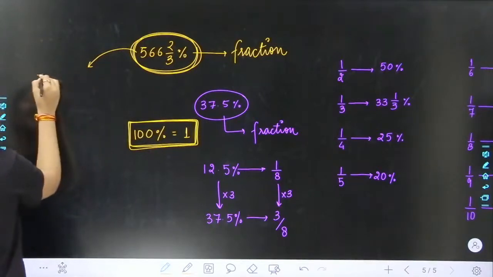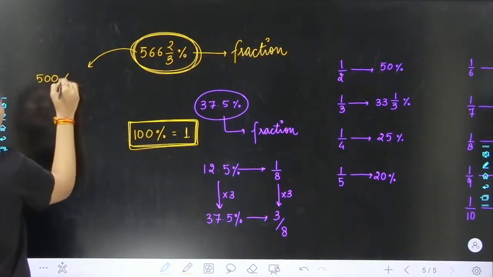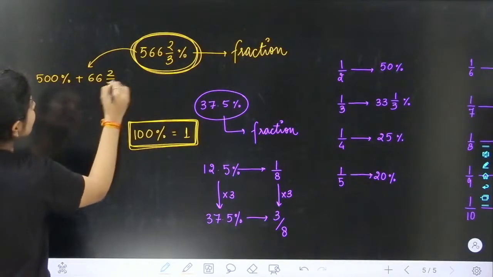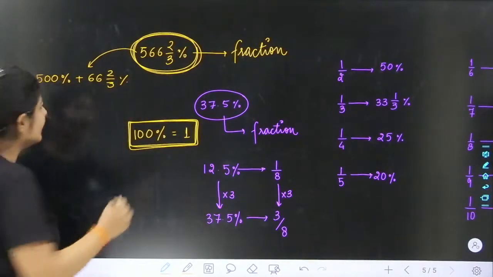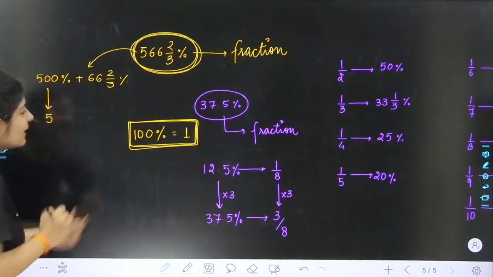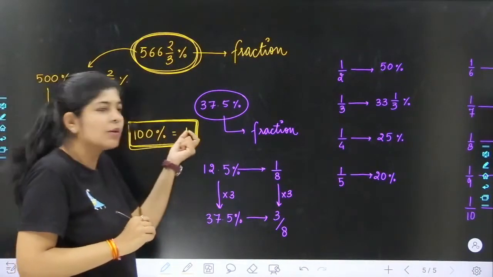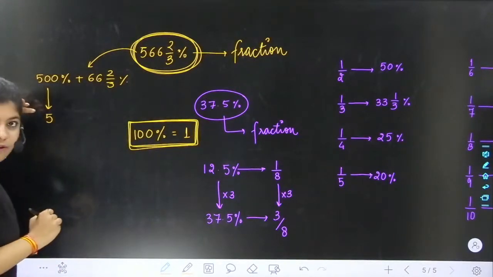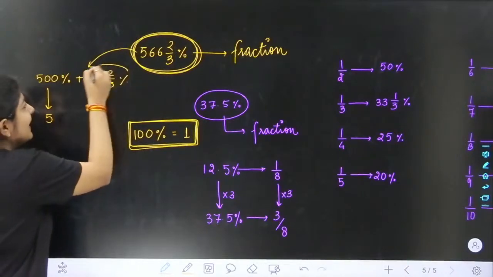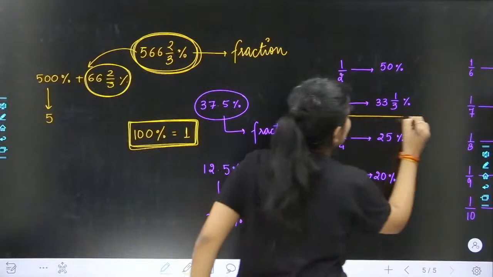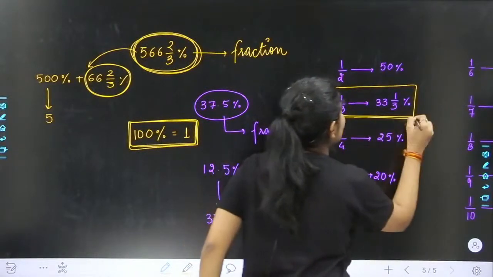Can I break like this? 500% plus 66 2 by 3%? I can write 500% as 5 because I know if 100% is equal to 1, that means 500% is equal to 5, right? Now when I see this term and this term, I got my answer.